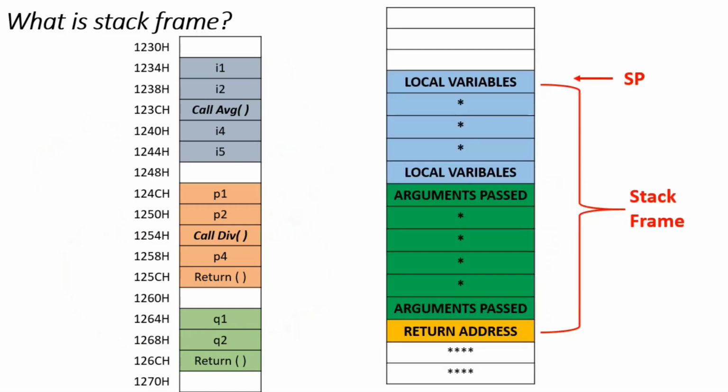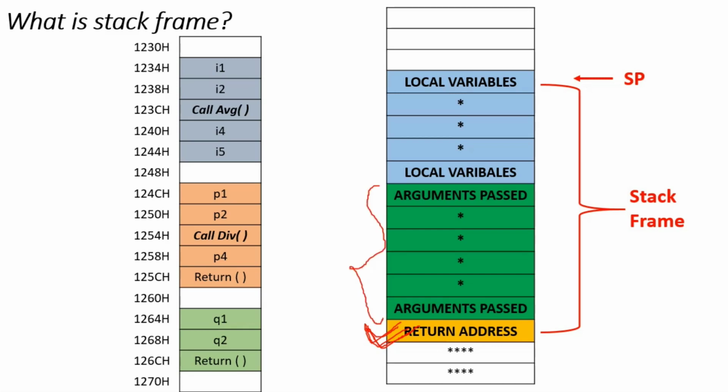Here is the example for one particular stack frame. You can see what the contents are. One return address must be there in the stack frame, because whenever we call a subroutine, we have to return back to the main routine. When we have to come back to the main routine, we need the return address. So whenever a subroutine is called, initially we push the return address, then we push the parameters passed to the subroutine.